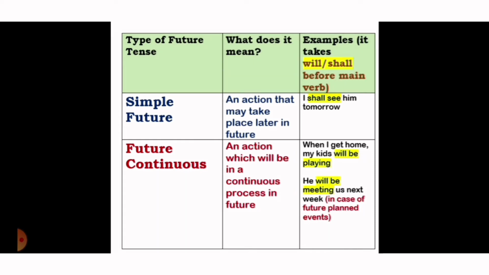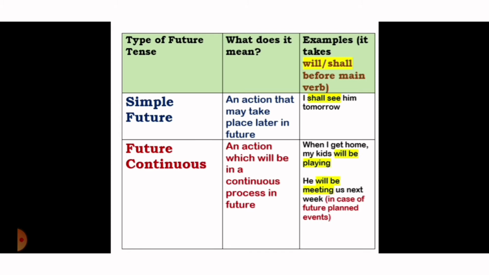Second comes the future continuous. What does it mean? It means an action which will be in a continuous process in future. When I get home, my kids will be playing. Now here in case of future tense, we have to note that the verb be will be added after will, and after that we will have playing.